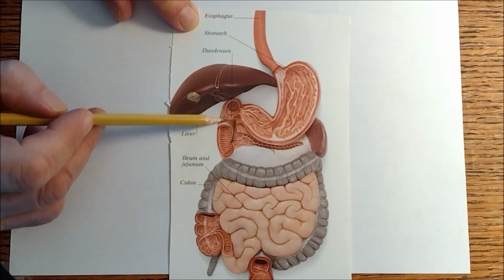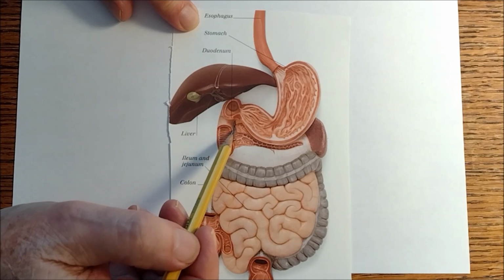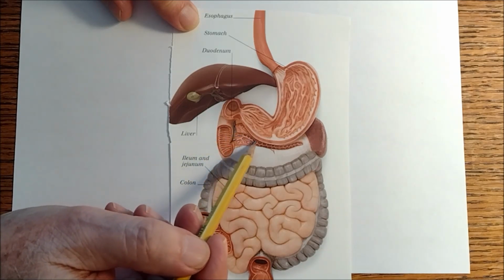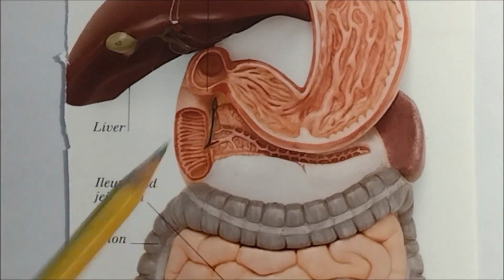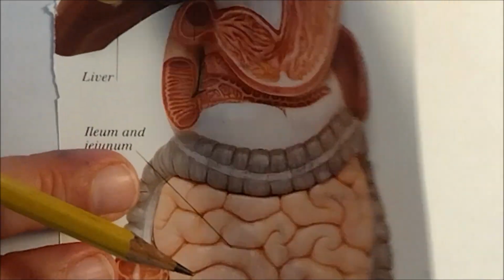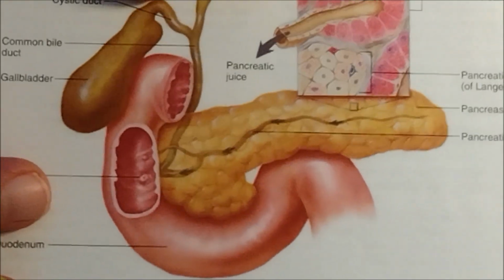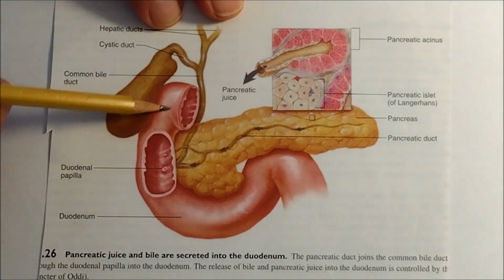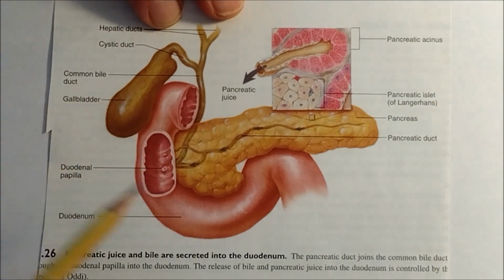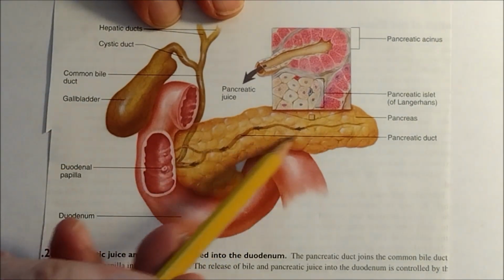Right here's the duodenum. And right adjacent to the duodenum, and even attached to the duodenum, is the pancreas, right here. So that gives you an idea where it is. Even a better picture is right here. Here we see the duodenum, beginning of the small intestines, and here's the pancreas coming right here.